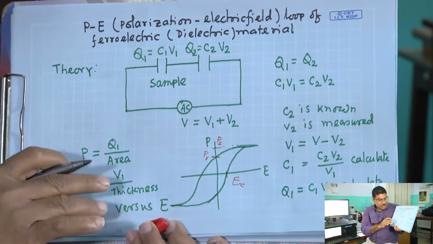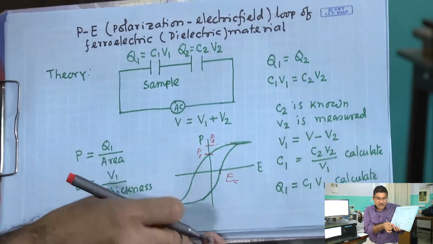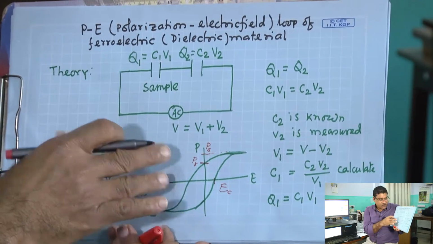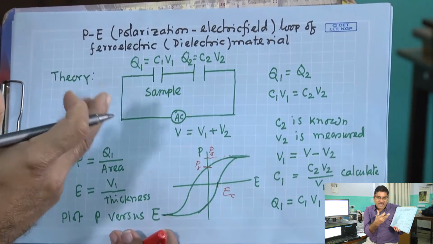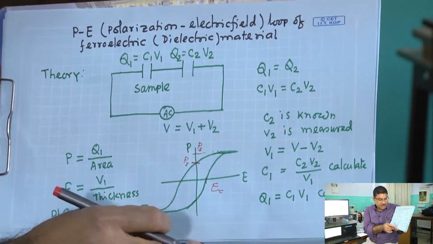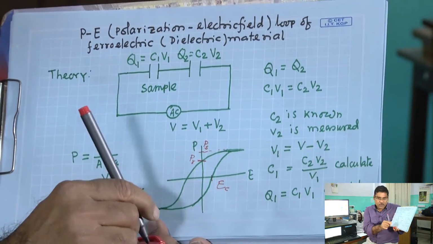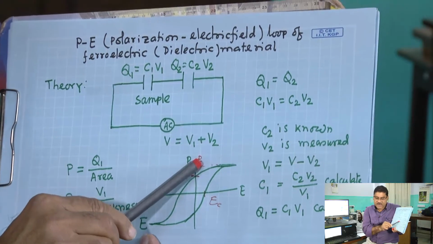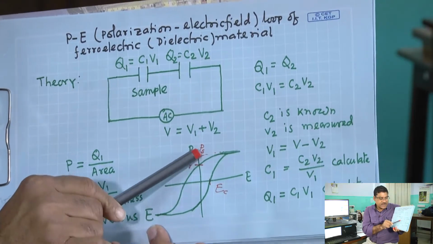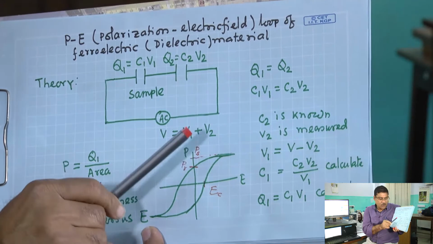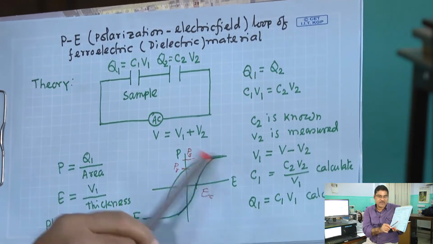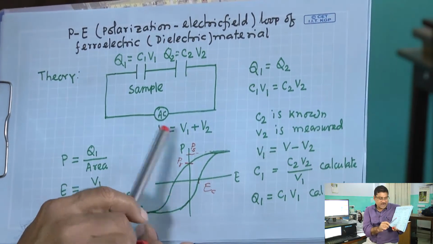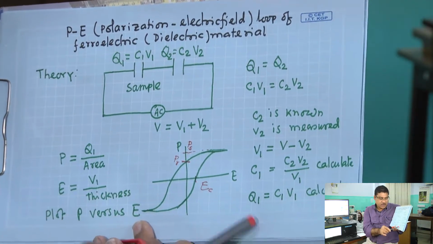Now, if we want to do the experiment as a function of temperature, then what do we want to know? We want to know how the saturation polarization PS varies with temperature. So, PS versus temperature we can measure.